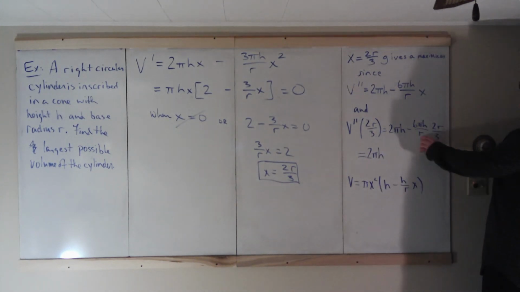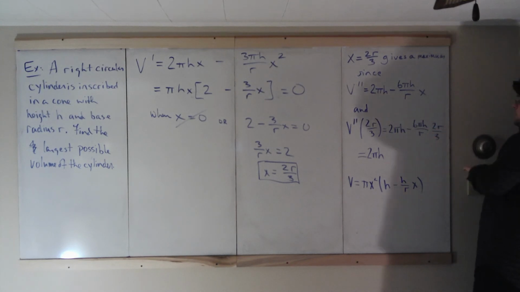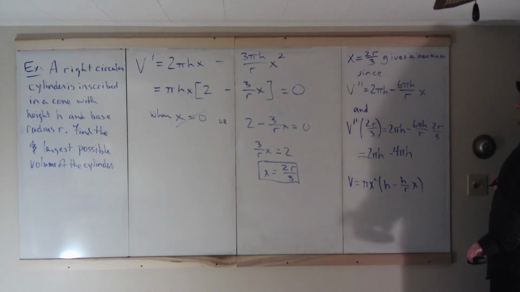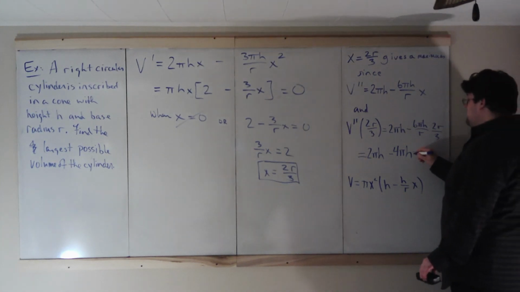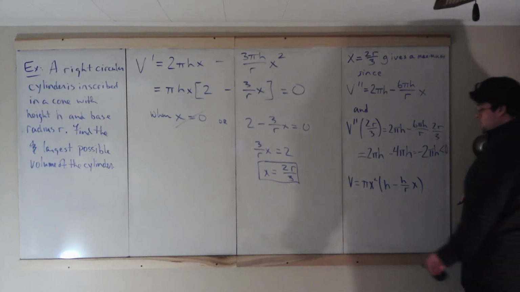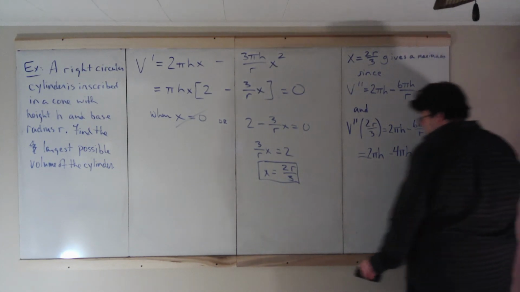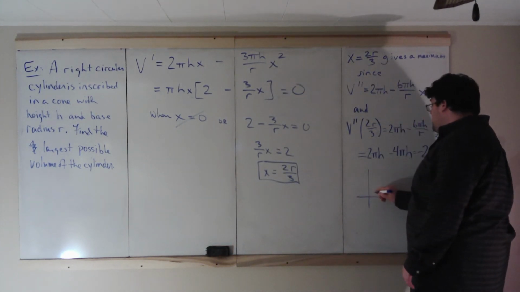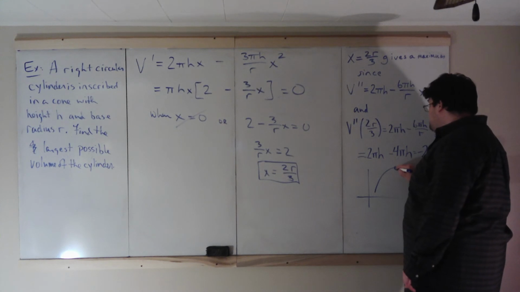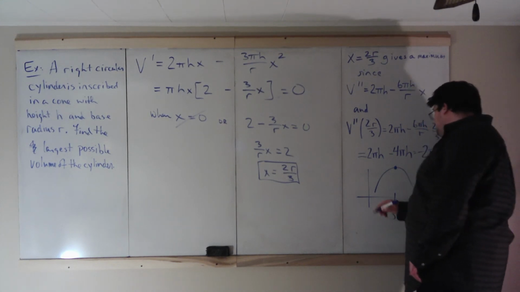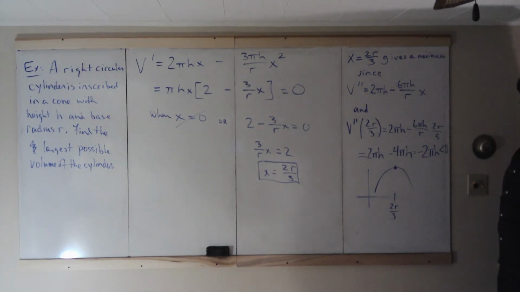Well, r and r cancel. 6 and 2 make 12. 12 over 3 gives us 4. Pi and h are still there, and the negative is still there. Equals negative 2 pi h, which is negative, so that tells us our function is concave down near our relevant value, which tells us it gives a maximum.